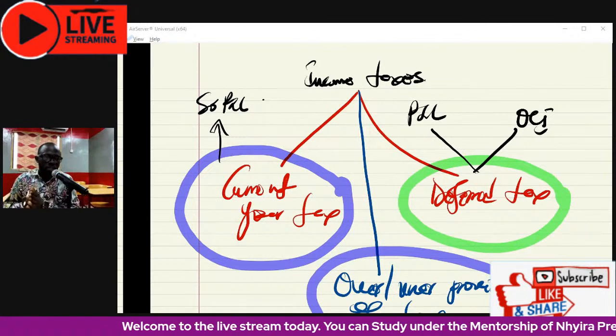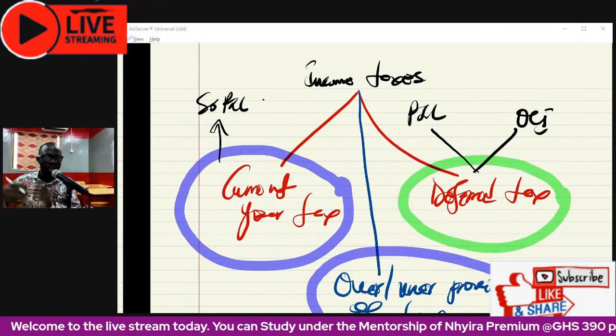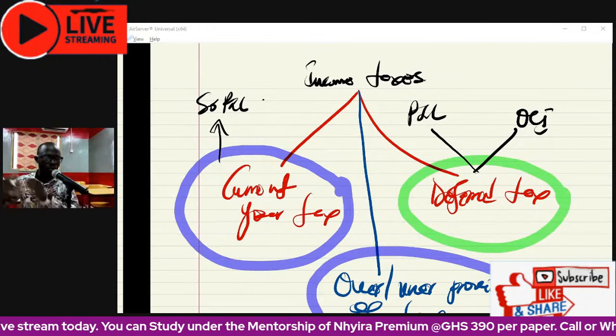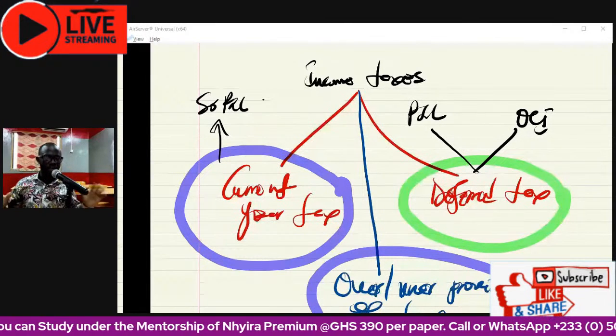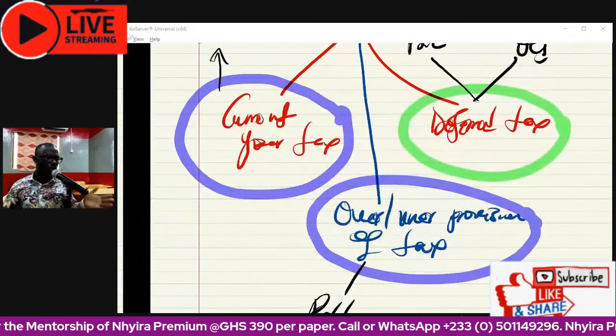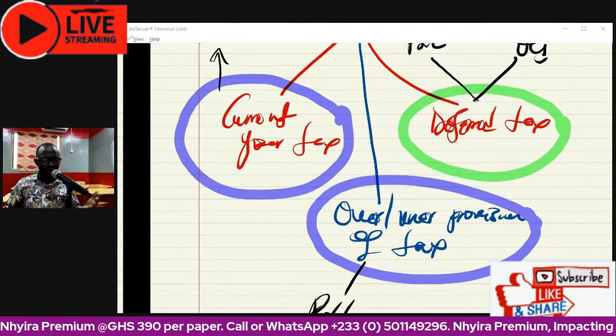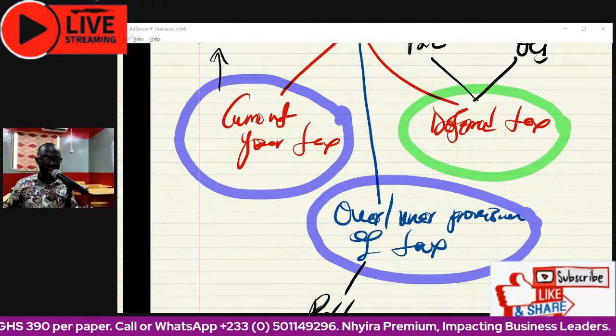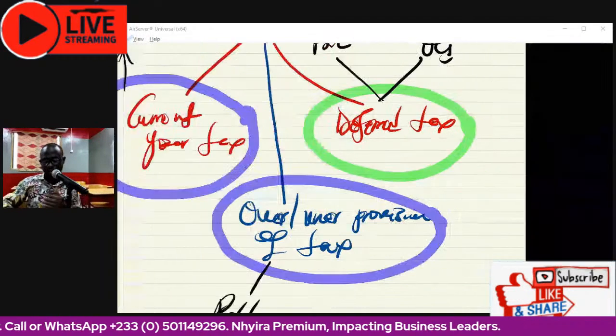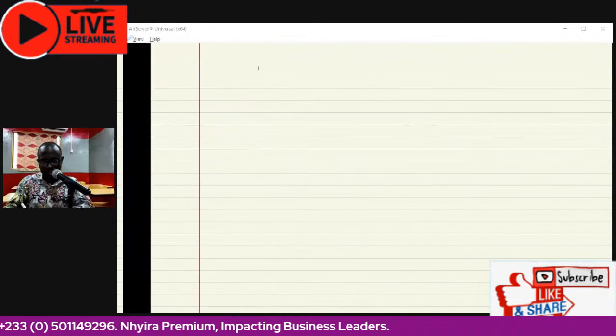Other times we will split it. Part of it will go to the P&L account, the other part will go to the OCI in that particular case. So let's get excited about it, and then let's pick them one after the other and talk about them real quick. Current year tax.